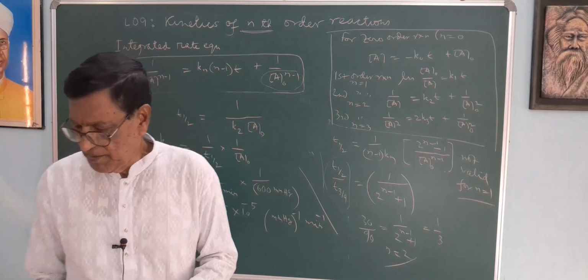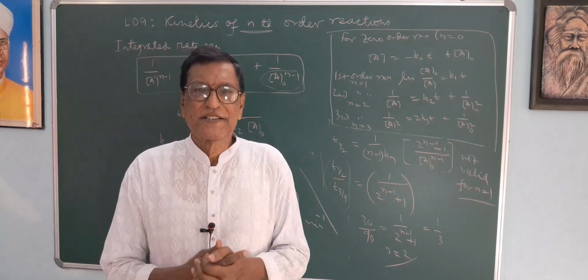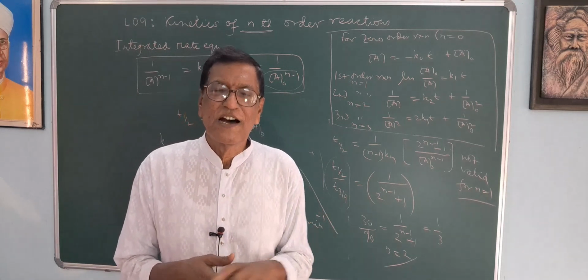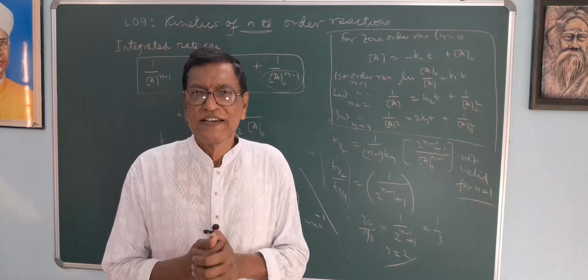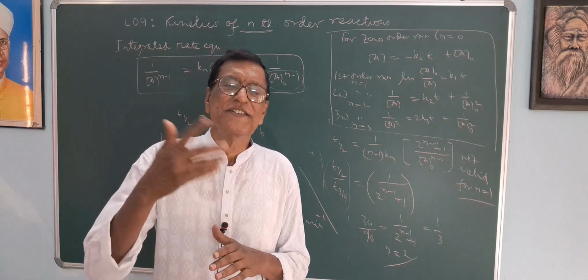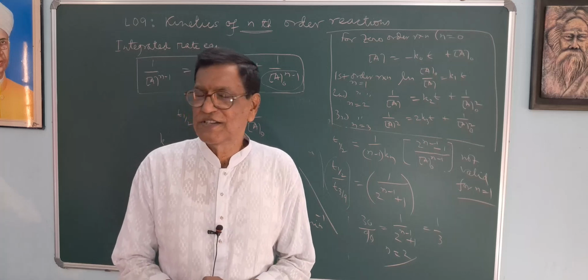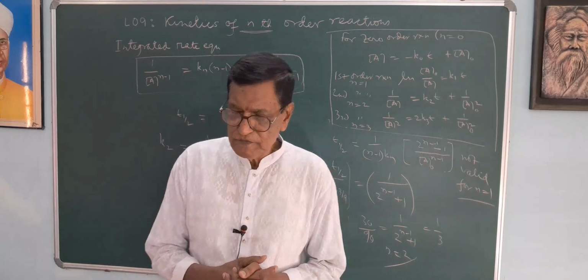So this is all about today's lecture. In my next class, I will try to discuss the Arrhenius equation, how the rate constant depends on temperature. In most cases, with the rise in temperature, the rate constant increases. This equation is very popular for examination purposes.